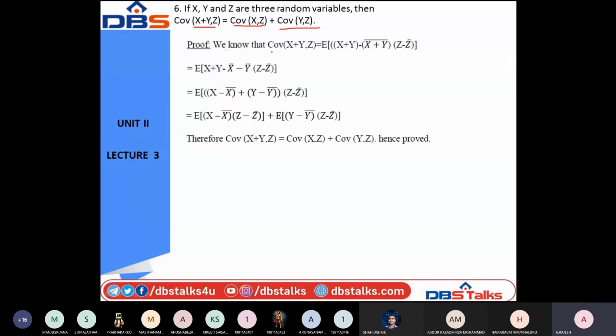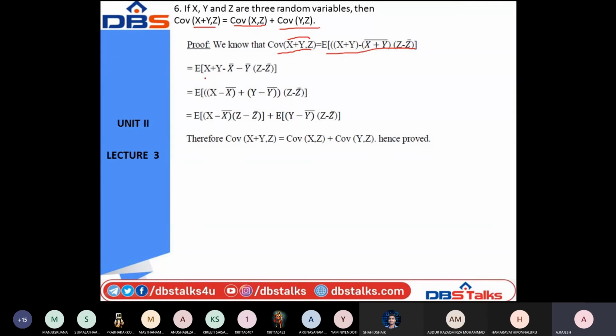We know that the covariance of X plus Y comma Z will be equal to, as written, the covariance of X, Y is equal to the expected value of X minus X complement into Y minus Y complement. So this one can be written as E of X plus Y minus (X plus Y) whole complement into Z minus Z complement. It can also be written as E of X plus Y minus X complement minus Y complement into Z minus Z complement. Yes, I have multiplied the negative sign through.